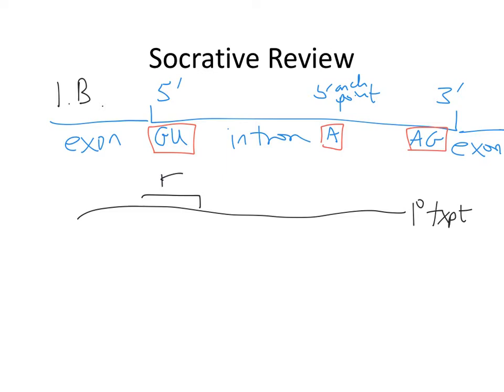So if we have intron 1 there and intron 2 there, each of those is going to have those sites: GU, A, AG. So they're in the introns, and introns are in the primary transcript. They haven't been taken out yet. They're not in the messenger RNA, which is why that choice was not the correct answer. So mature transcript, choice E in that case.